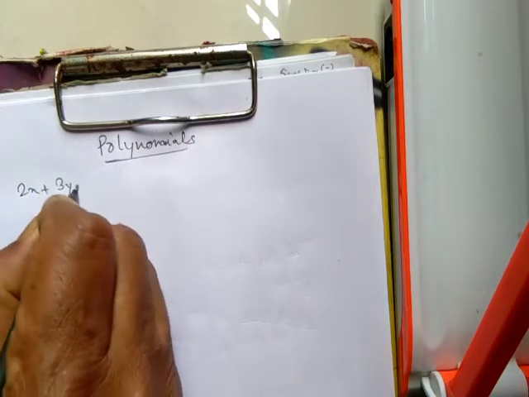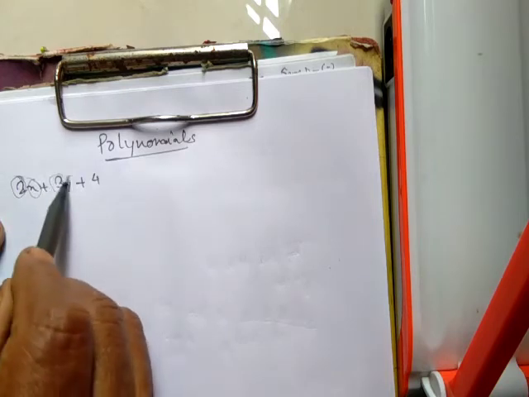See, 2x + 3y + 4. This is a polynomial, one of the polynomials. Here this is a real number and this is a variable: real number, variable, real number.